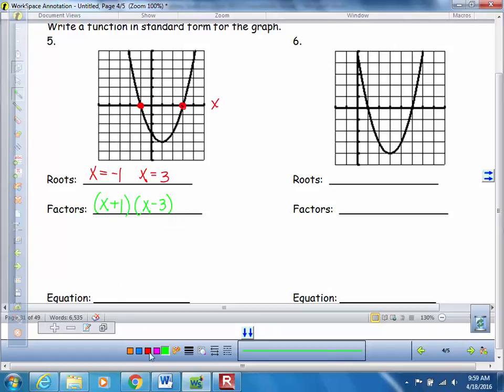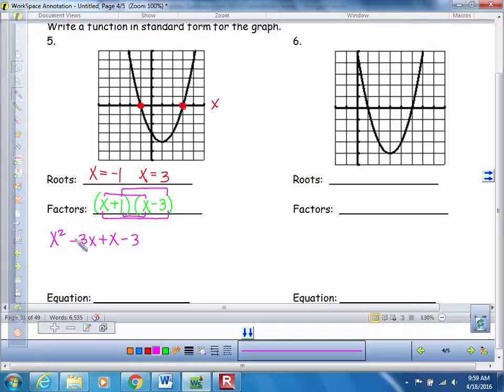So we're going to do FOIL this time since we did distributing the last couple times. So we're going to do our first times our first. X times x gives me x squared. Then we're going to do outer times outer. So x times negative 3 gives me negative 3x. Then inner, 1 times x gives me 1x, or you can just put x. And then last times last is 1 times negative 3, which is negative 3.